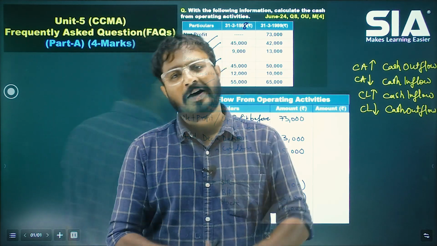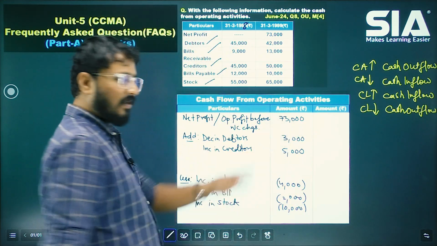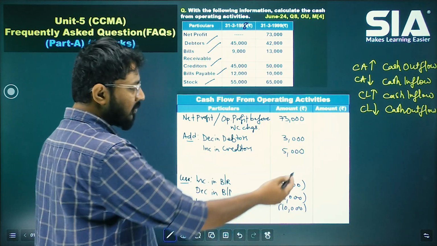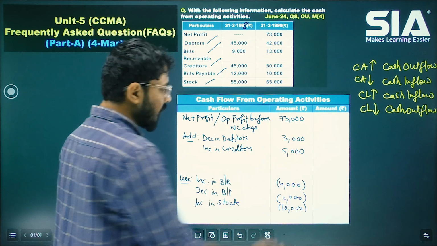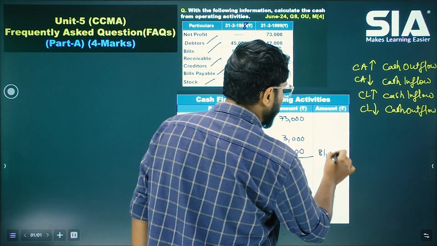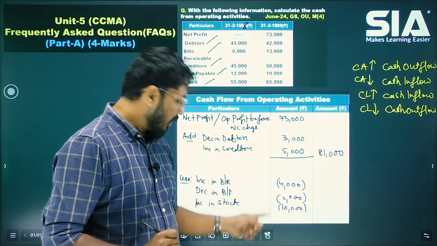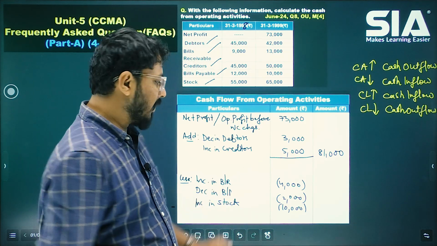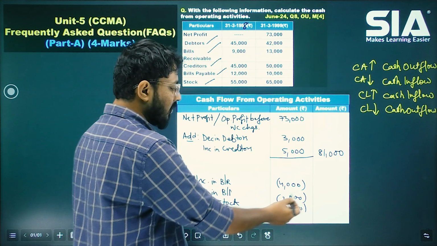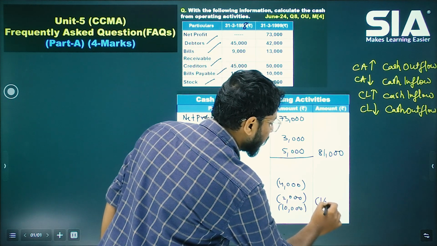Now let's calculate the totals. We start with 73,000 net profit. We add 3,000, that's 76, plus 5 is 81. So I am writing the total here in the amount column: 81,000. Let's add all the less items: 4,000 plus 2,000 is 6,000, plus 10,000 is 16,000.